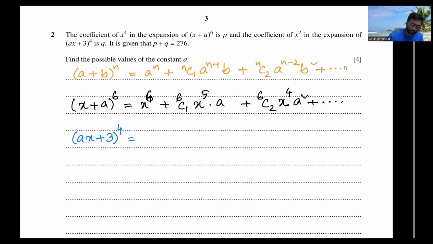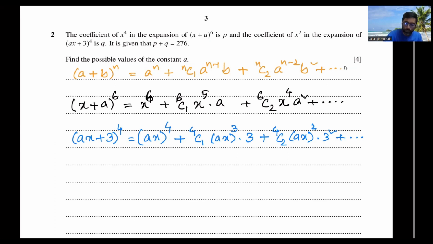So the first term, (ax) whole to the power 4, then 4C1 (ax) to the power 4 minus 1, that's 3, into b to the power 1, plus 4C2 (ax) whole to the power 4 minus 2, that's 2, into b square. So you see the coefficient of x square here is 4C2 a square into b square.